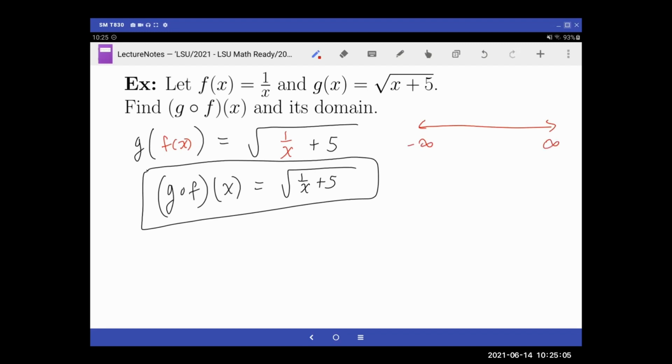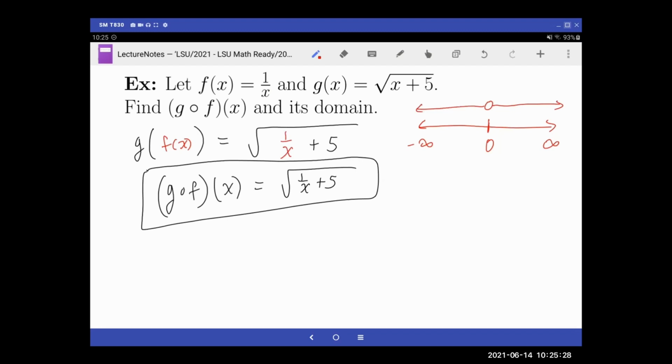You can look at that one: 1 over x. You cannot allow x to be 0, because then you have 1 over 0. That one's easy to spot; you don't have to really solve it. But x can be anything bigger than 0 or smaller than 0 for f.